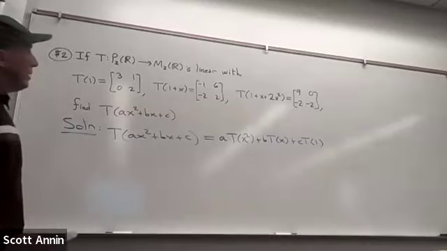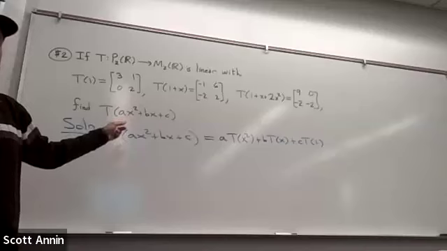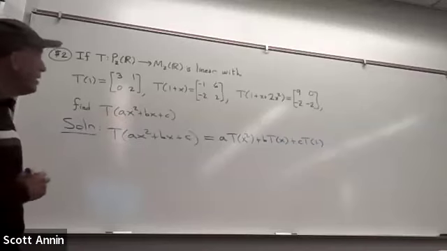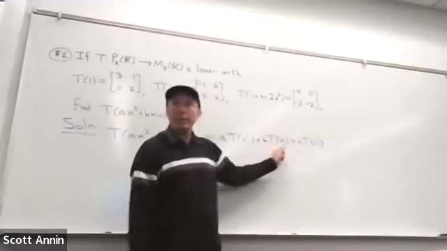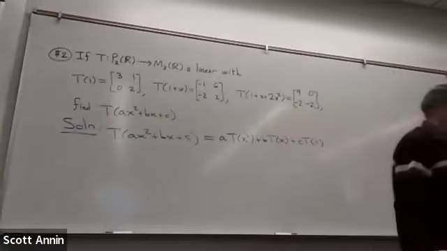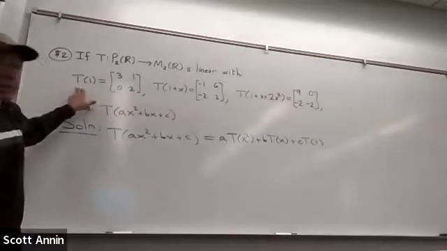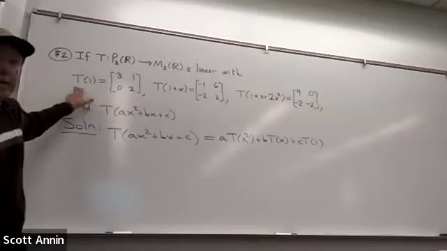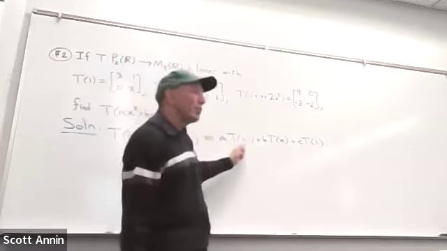Okay. But now we are going to start to see why this problem is a little harder than the first one. And that's because we need to know T of X squared and T of X and T of 1. But that's not what they gave us. They did give us T of 1. But they did not give us T of X. They gave us T of 1 plus X. And they did not give us T of X squared.